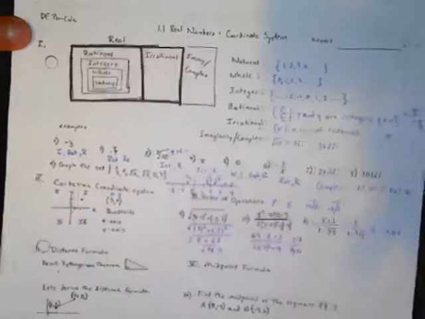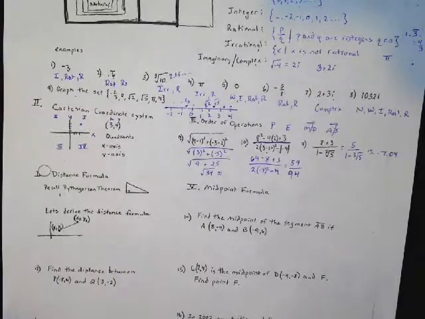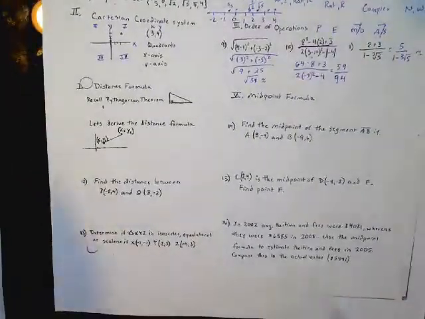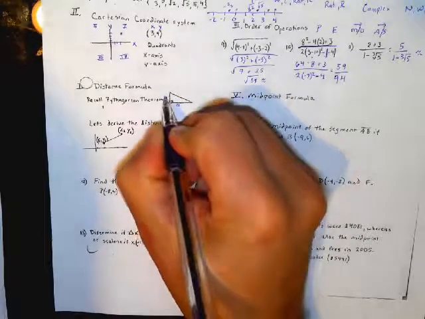Okay? So the next thing we want to talk about is the distance and midpoint formulas. So the distance formula is derived from using the Pythagorean theorem. The Pythagorean theorem, if you remember, is a squared plus b squared equals c squared. It really doesn't matter which is a and b.